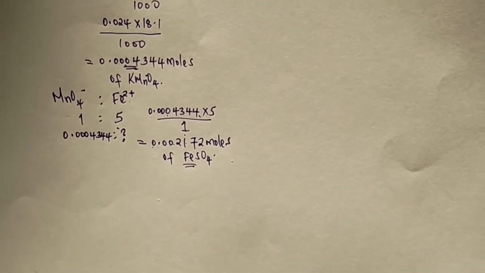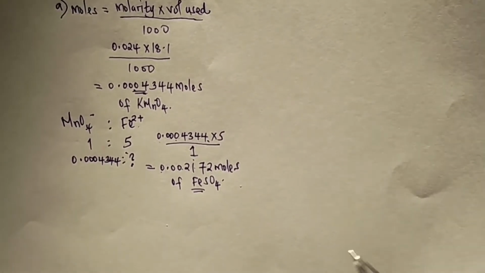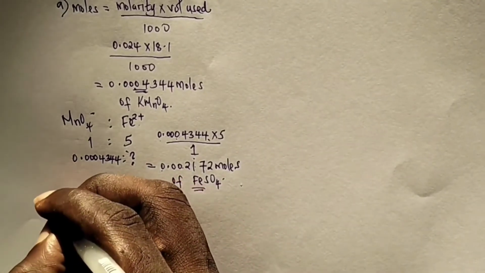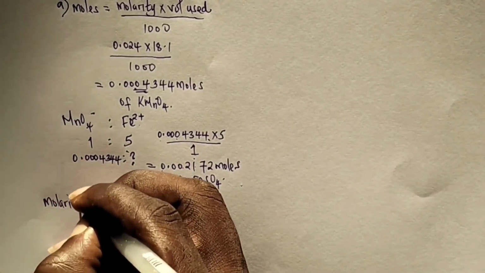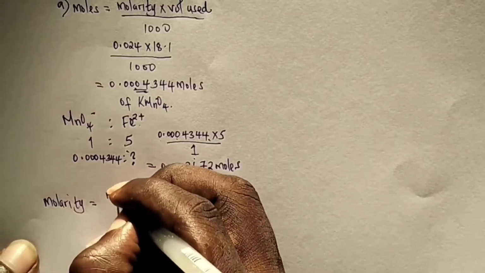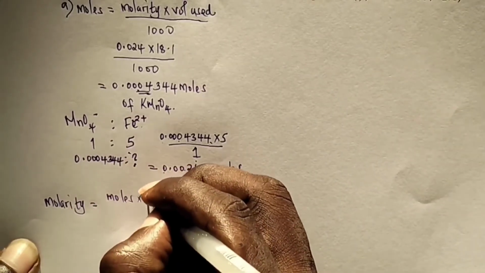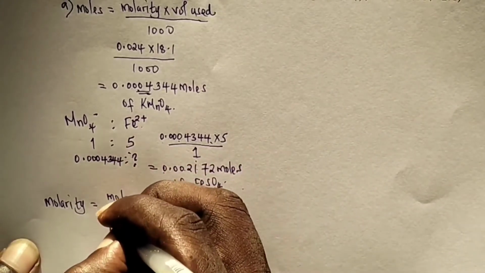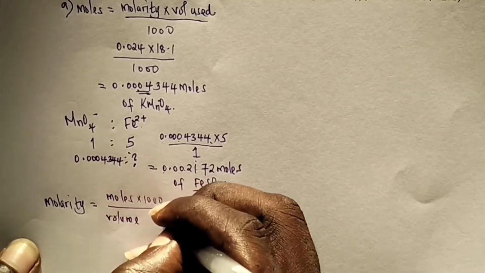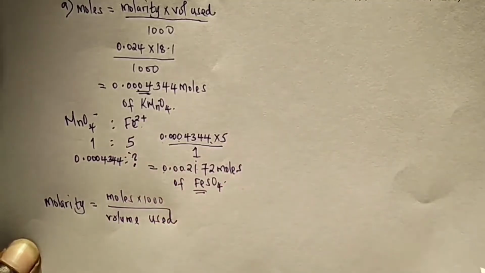If we have the volume, we can get the molarity. How can we get the molarity? Molarity is given by moles multiplied by 1000, then divided by the volume used. That's the formula.